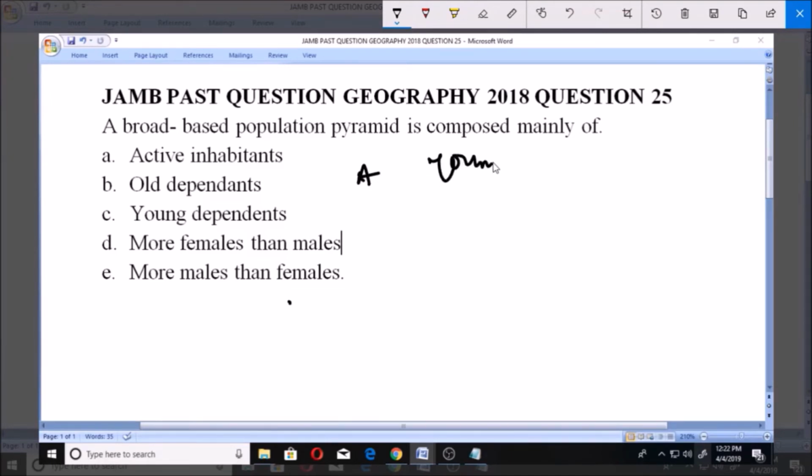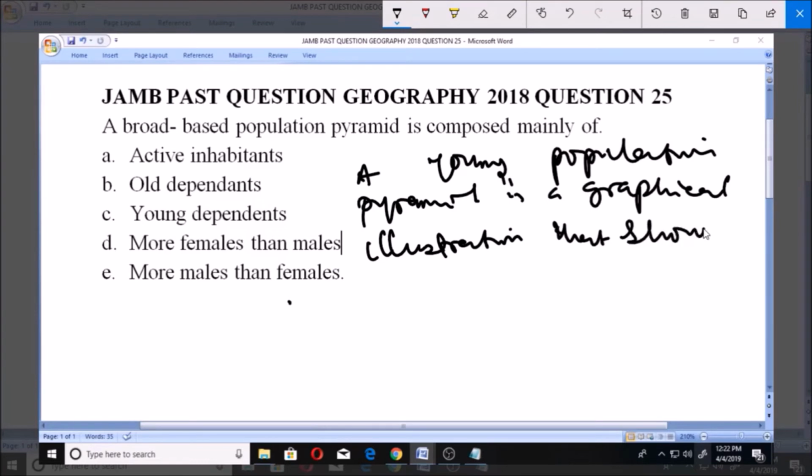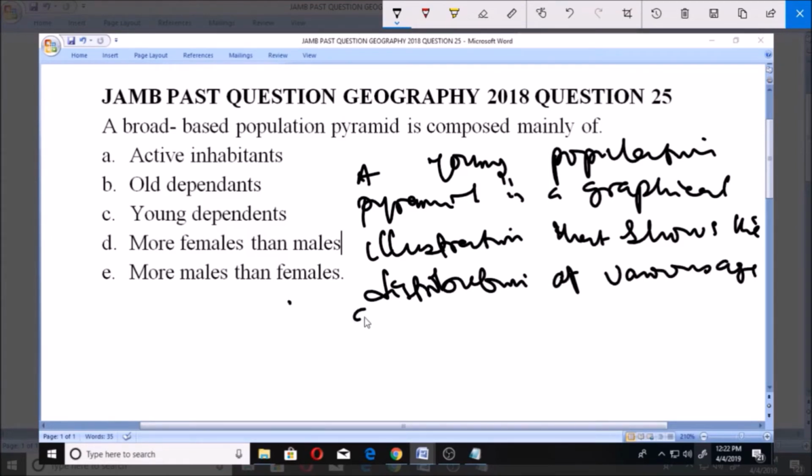It is a graphical illustration that shows the distribution of various age groups in a population.